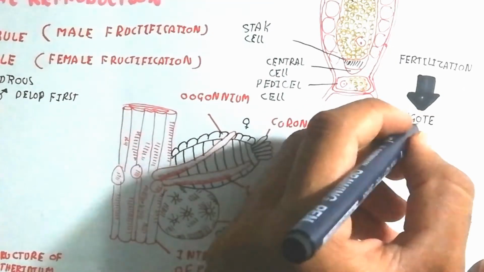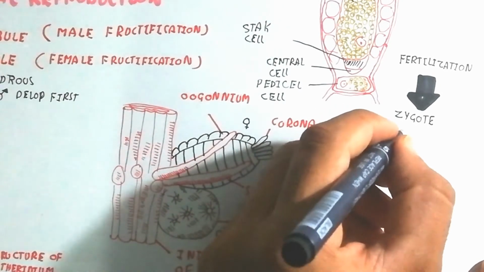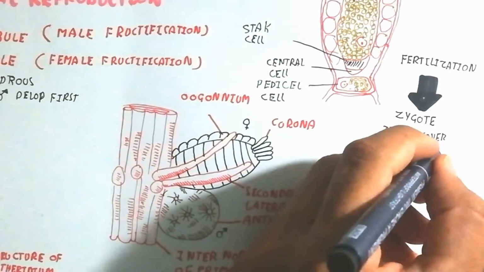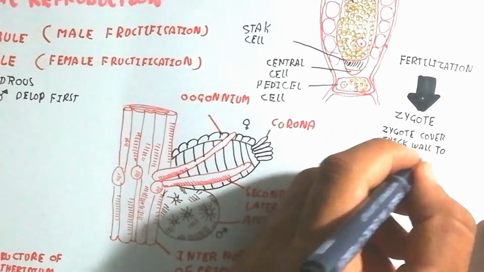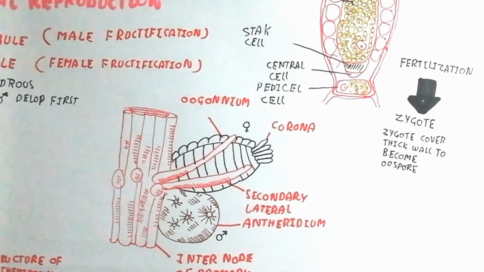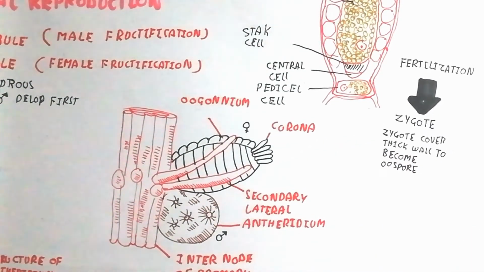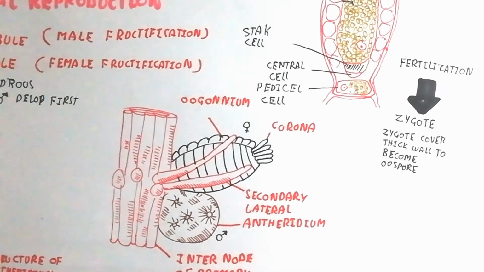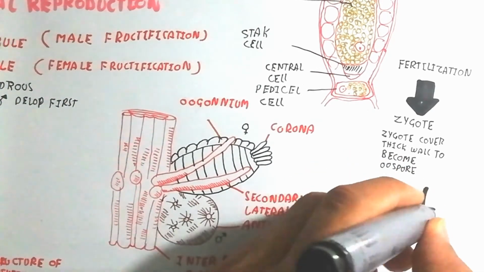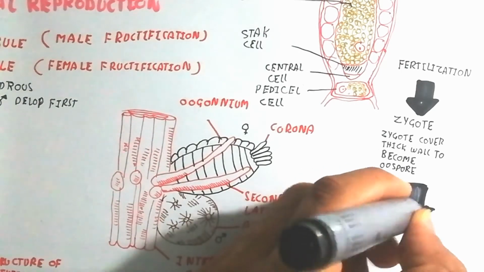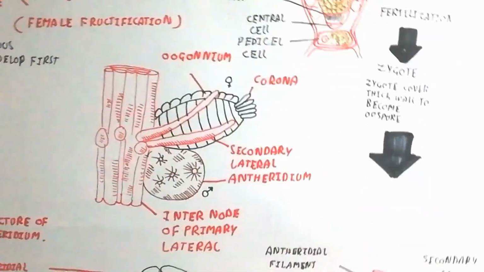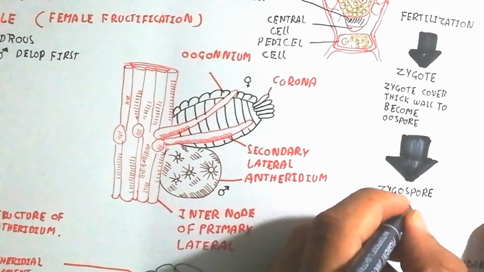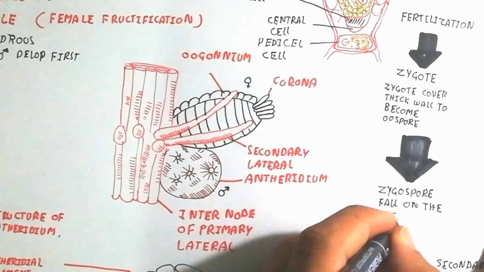The fertilization goes on making the zygote, which covers itself with a thick wall to become an oospore, which further converts into a zygospore, falls on the surface and germinates again. That germination becomes Chara again, a thallophyte alga, which is related to the Charophyta.